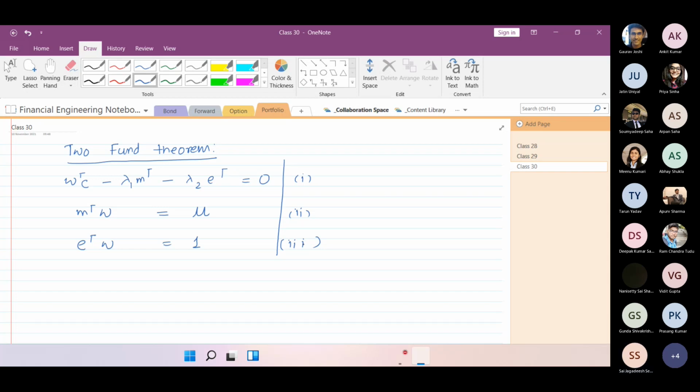So what we need to find, if we see this one, is the weight W. So the weight W would have components W1, W2, up to Wn. So there are n variables. Then we have scalars lambda1 and lambda2. So this becomes two variables.